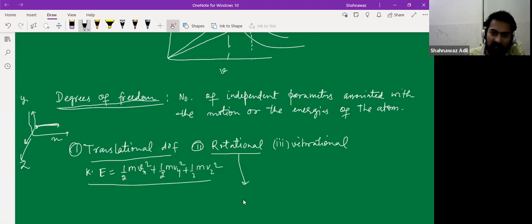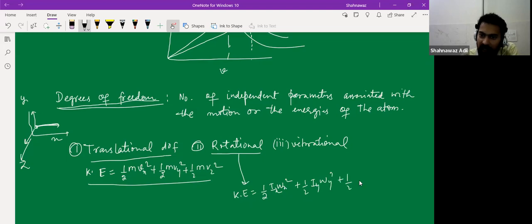And then you have the rotational kinetic energy, which is half Ix omega x square, plus half Iy omega y square, and then half Iz omega z square. And the vibrational energy depends upon the temperature. When you have high temperature, the kinetic energy and the potential energy associated with this are called the vibrational degrees of freedom. Understood my point?